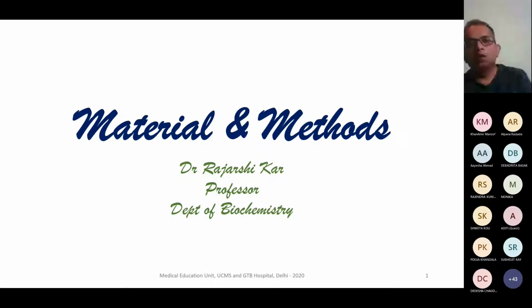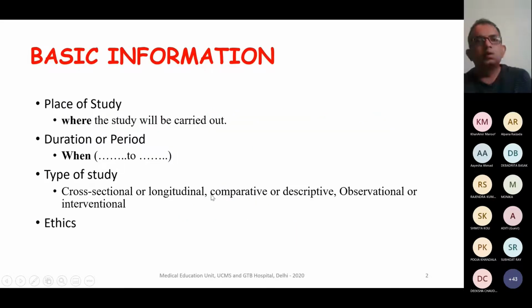So first of all, the material and methods section would start with the basic information like the place of study. So here you have to write where the study will be carried out.